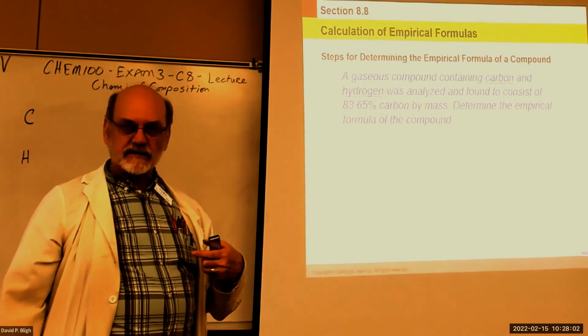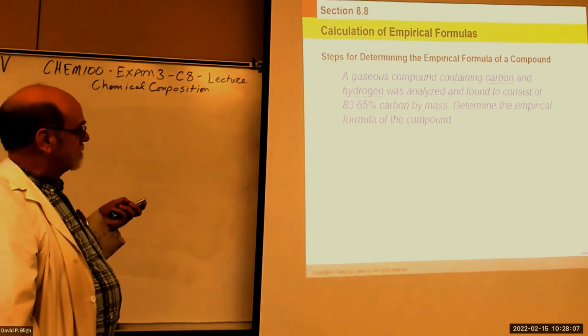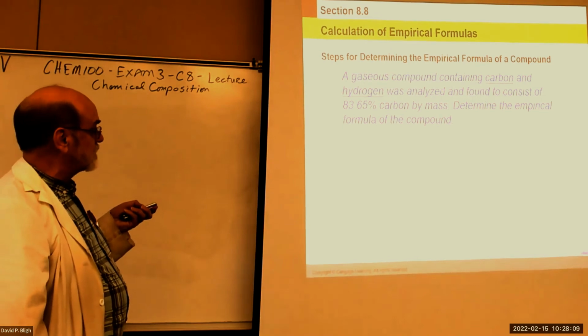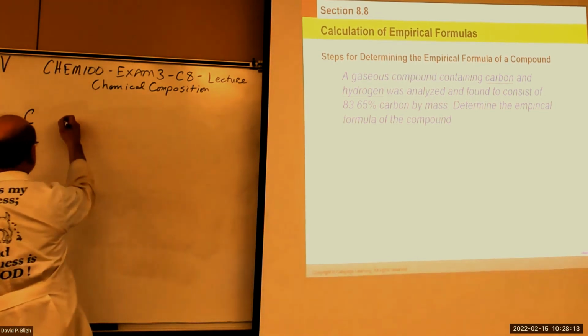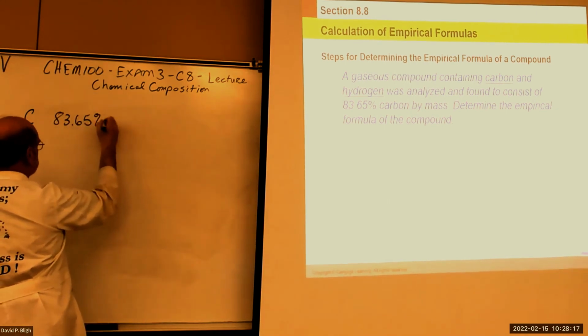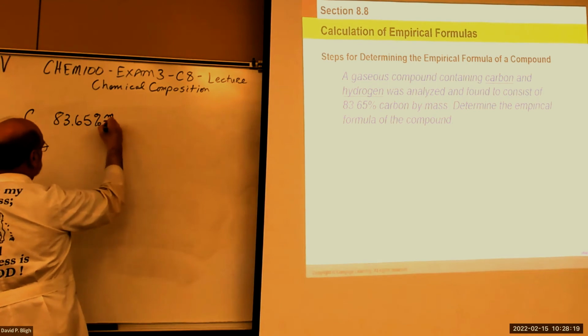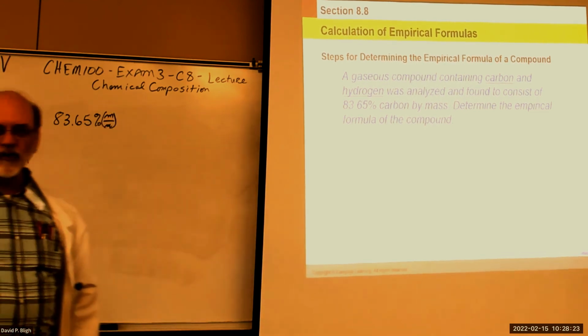Okay. Now, the bench chemist went and did a quantitative determination. How much of each of those is there? And the chemist came out and said, all right, 83.65% carbon, by mass. Okay. What's the empirical formula?